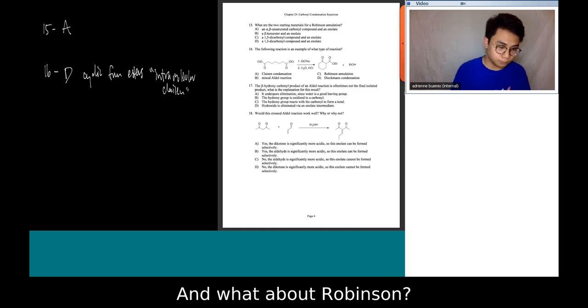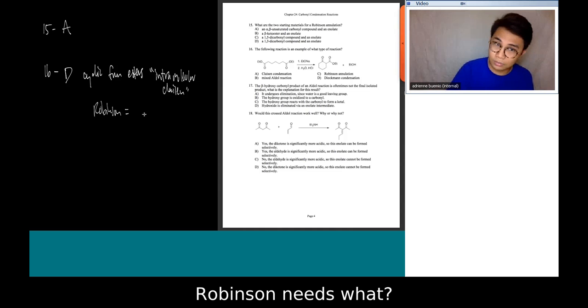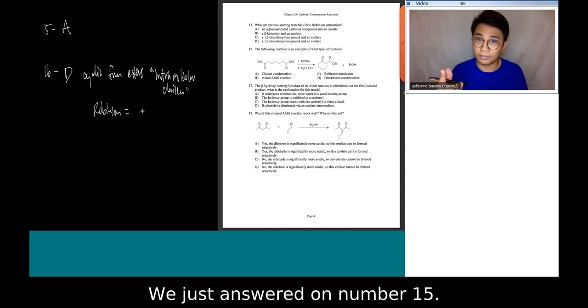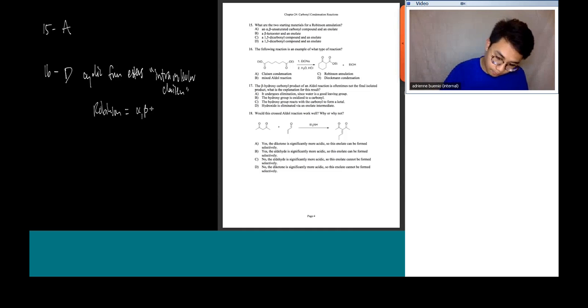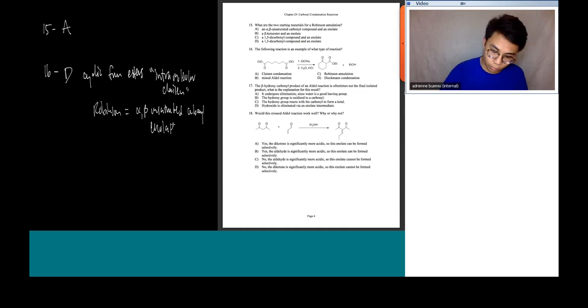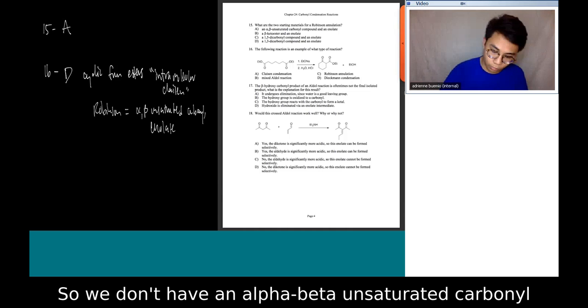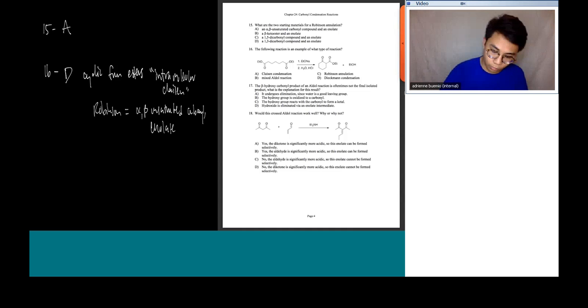And what about Robinson? Robinson also makes cyclics, but in this case, Robinson needs what? We just answered it on number 15. It needs an alpha beta unsaturated carbonyl with enolate. So we don't have an alpha beta unsaturated carbonyl in this reaction, so that's why it wasn't Robinson.